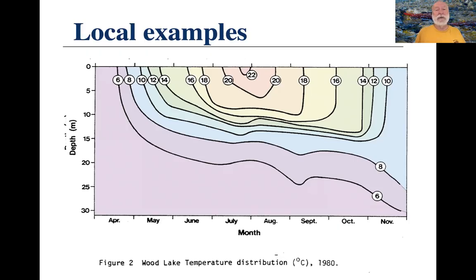The details of this will vary from one lake to the next, depending upon elevation and size. A large lake, Okanagan Lake, takes a lot longer to develop thermal stratification in summer than a smaller lake like Wood Lake.